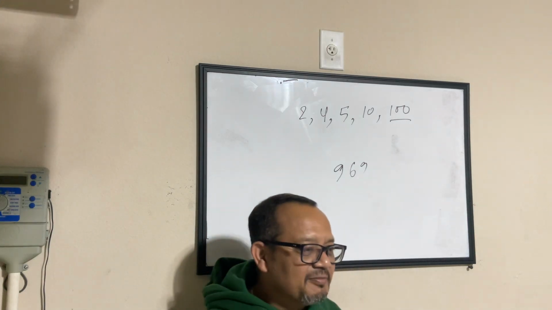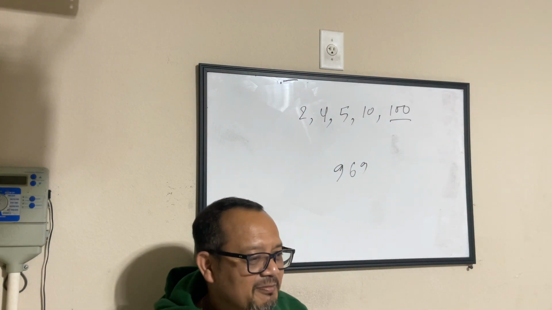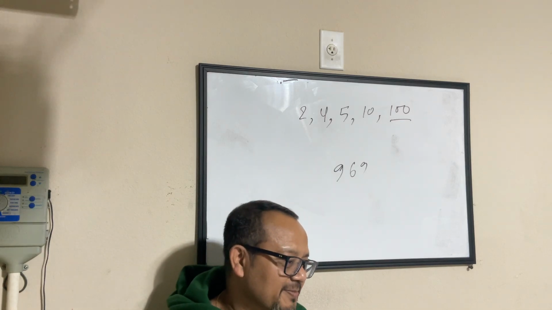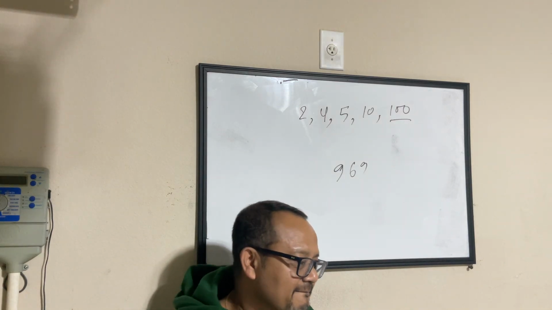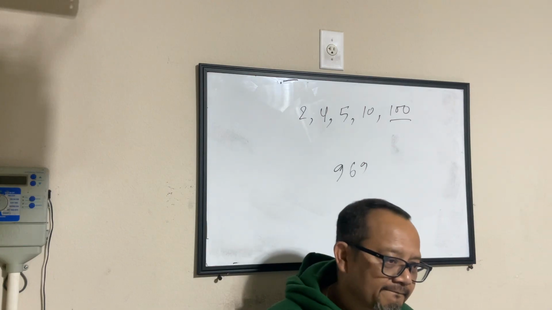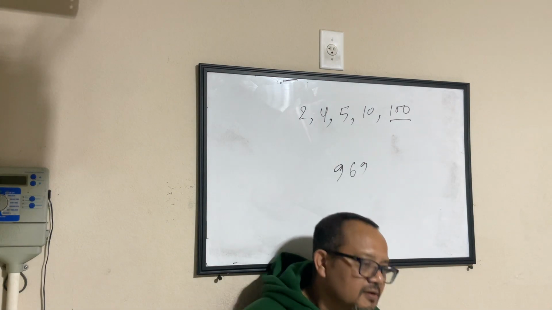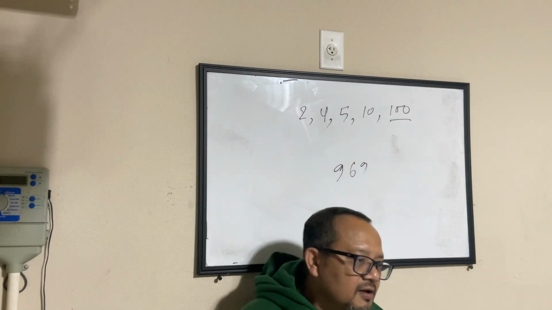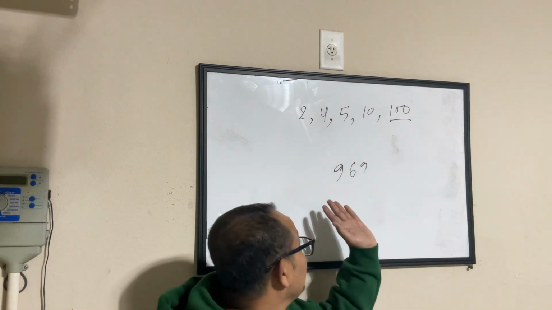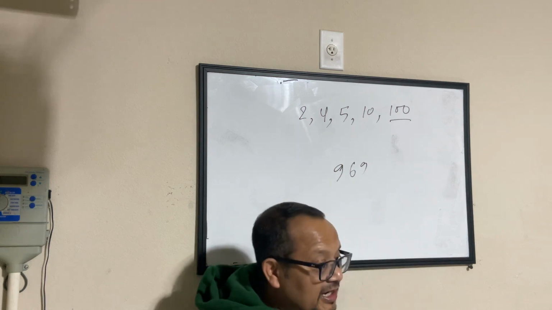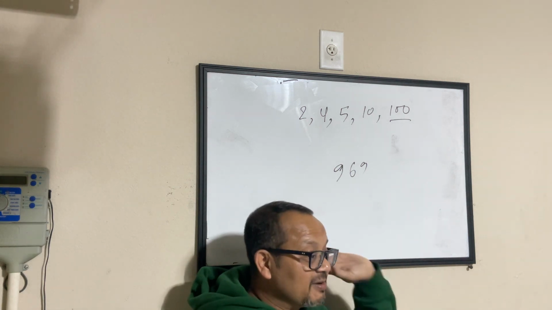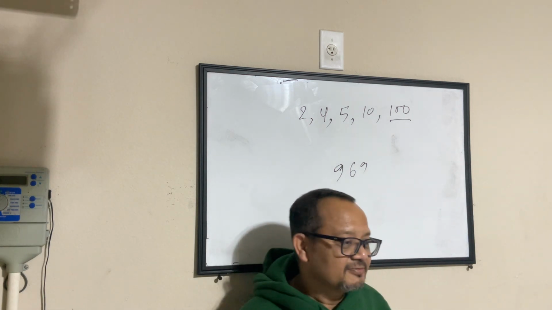No. You can go until 900. I'm not interested in 900 or 60 or 9. I'm saying, can I divide this number by 100? You cannot.